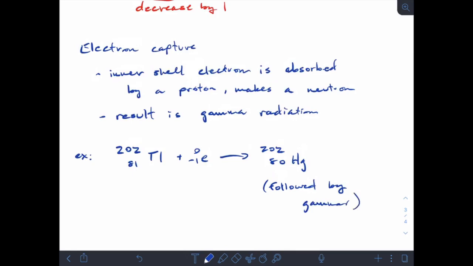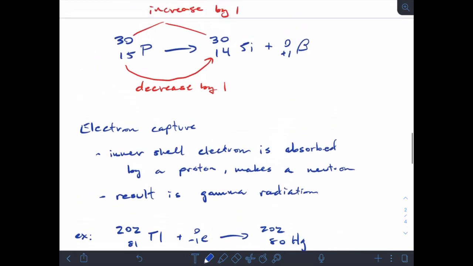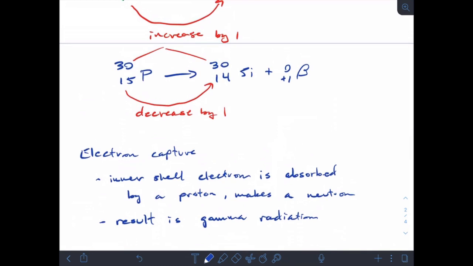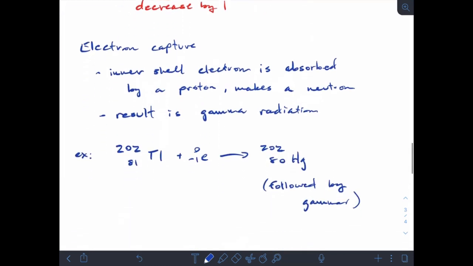Very similar to the change resulting from positron emission, but the cause is different. We see the mass number stays the same because we're just converting a proton into a neutron, but because we have one fewer proton, our atomic number goes down.